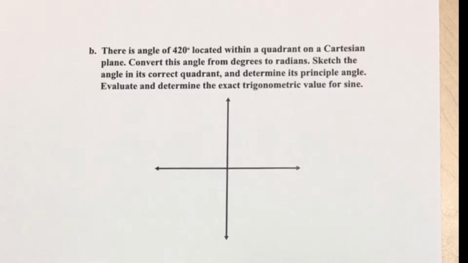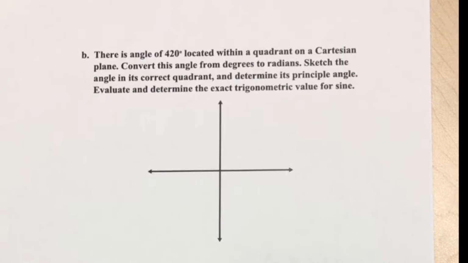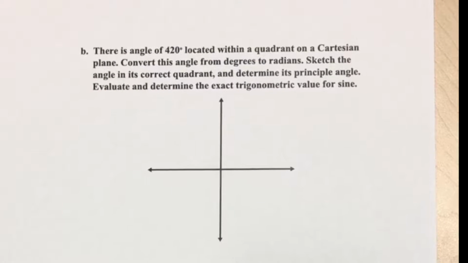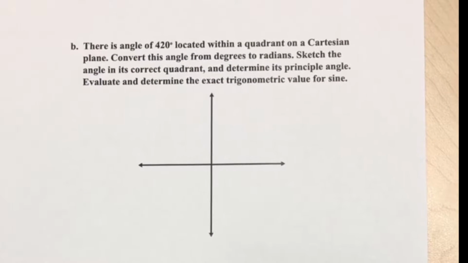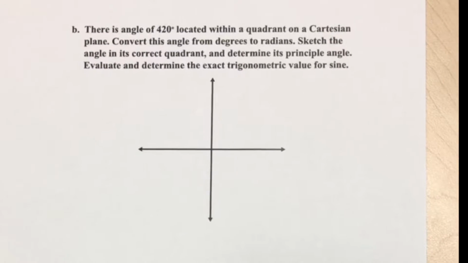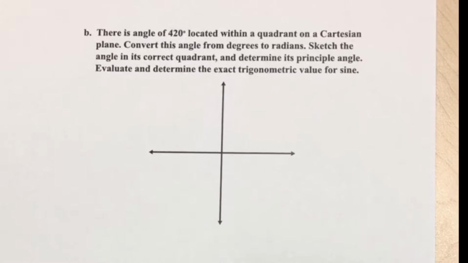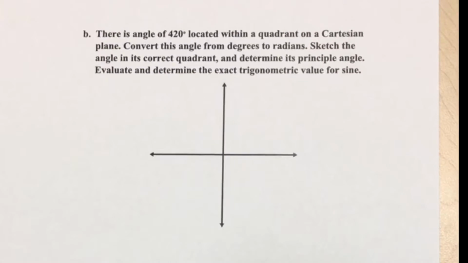The second half of the question states that there is an angle of 420 degrees located within a quadrant on a Cartesian plane. We are required to convert this angle to radians, sketch it in its correct quadrant, determine its principal angle, as well as determine the exact trigonometric value for sine.